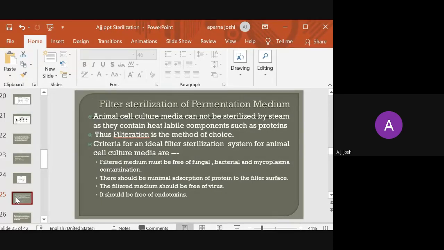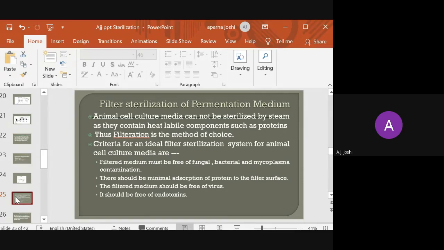First is that the filter medium must be free of fungal, bacterial and mycoplasma contamination. The main aim of sterilization of these media is to separate out whatever microbial contaminants are there. The media may be contaminated by fungal culture, actinomycete, mycoplasma or bacteria.